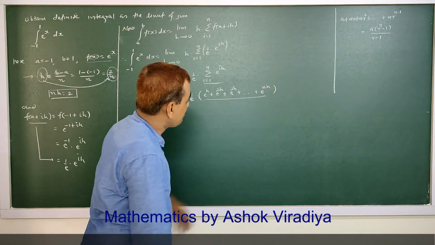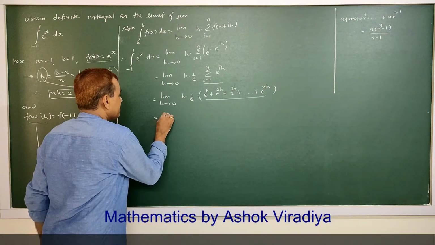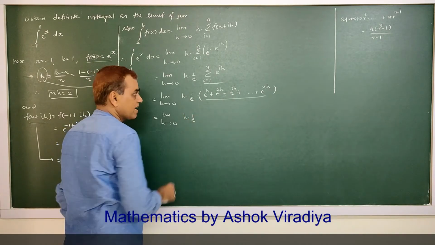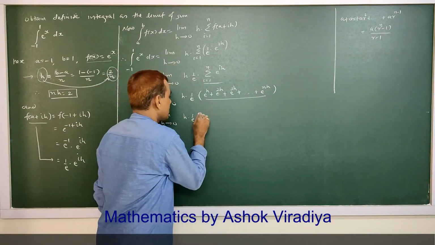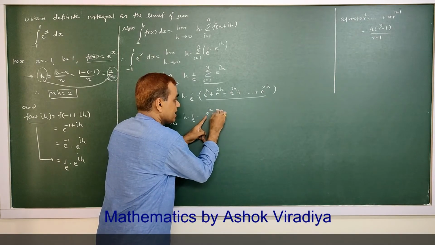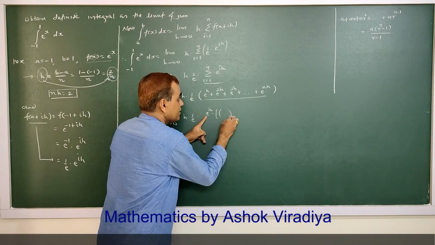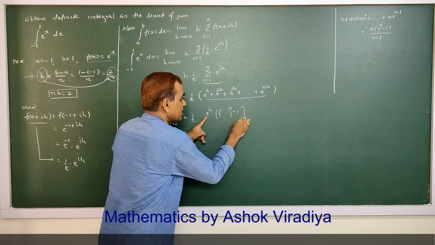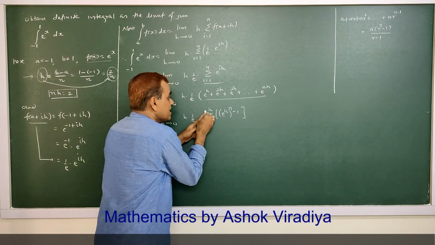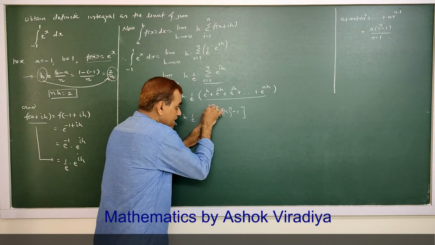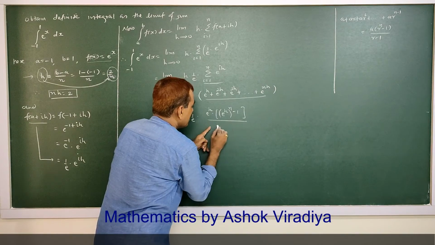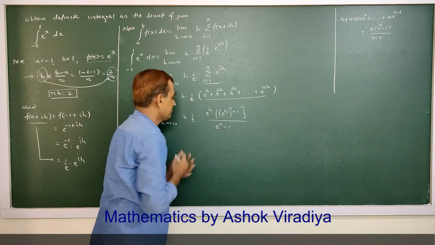So using this formula, limit h tends to 0, h into 1 by e. Now applying the formula, a into (r raised to n minus 1) upon (r minus 1).